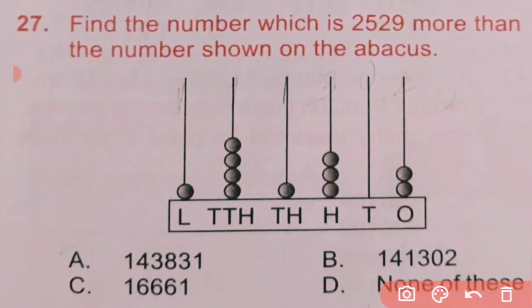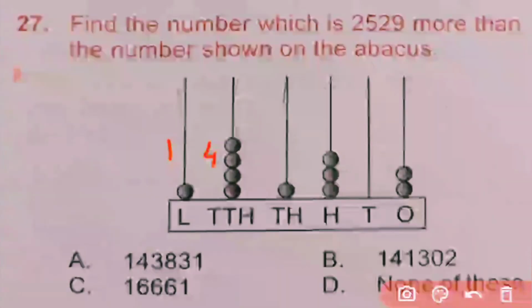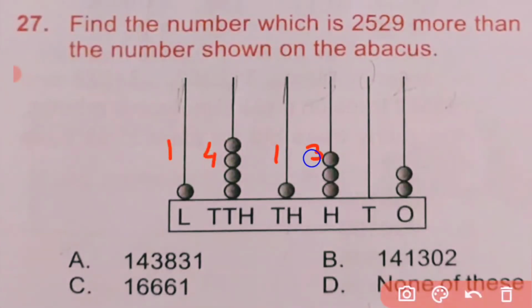Question number 27. Find the number which is 2529 more than the number shown on the abacus. On the abacus, here 1, then 4, 1, 3, 0 and 2. So the number shown on the abacus is 1,41,302.